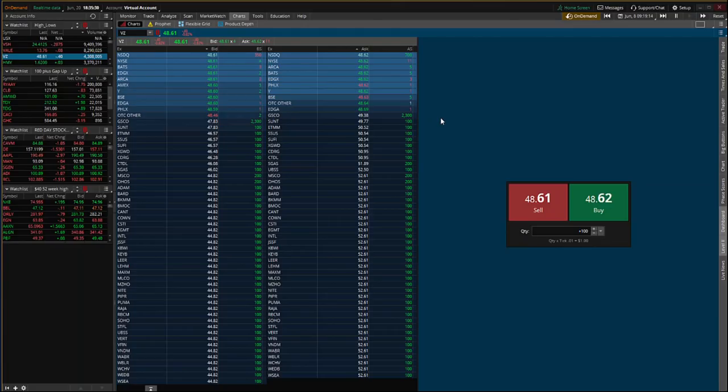The more you have eyes on this over time, you'll start seeing how these market makers control this price action, and how people base their trades off of it.